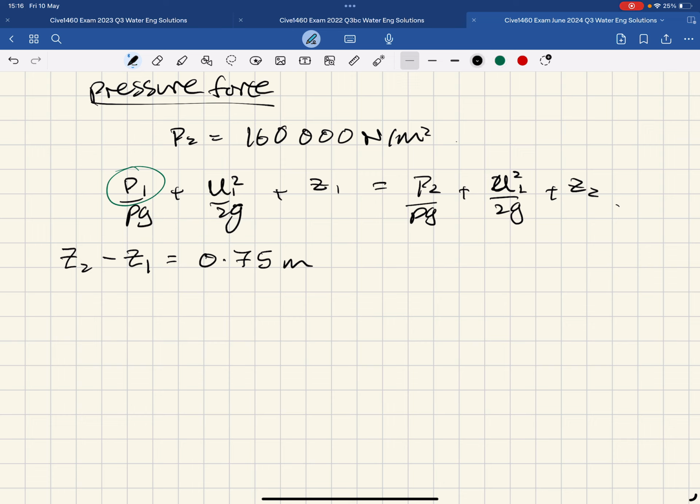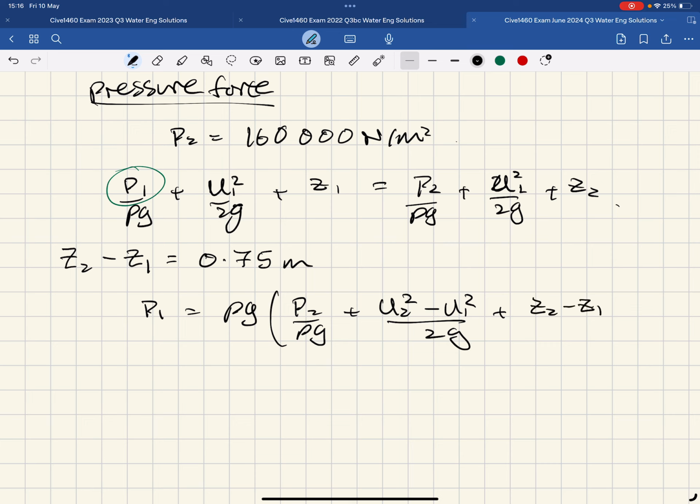Let's just do that to get P1. P1 equals rho g, put this all in brackets, P2 over rho g plus (U2 squared minus U1 squared) over 2g plus Z2 minus Z1.